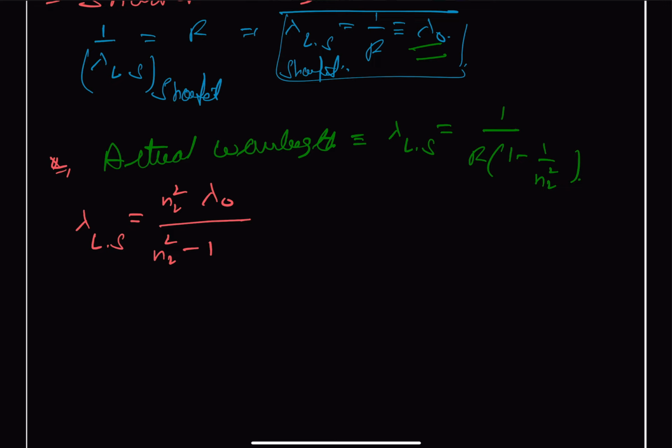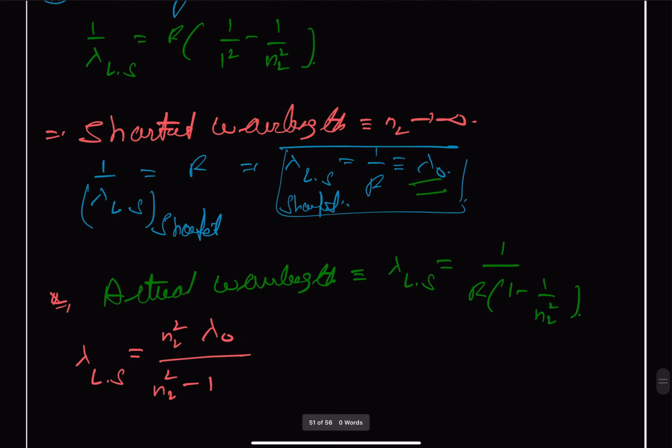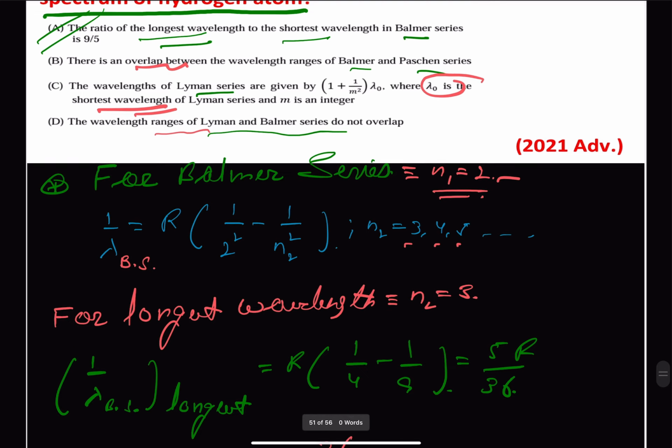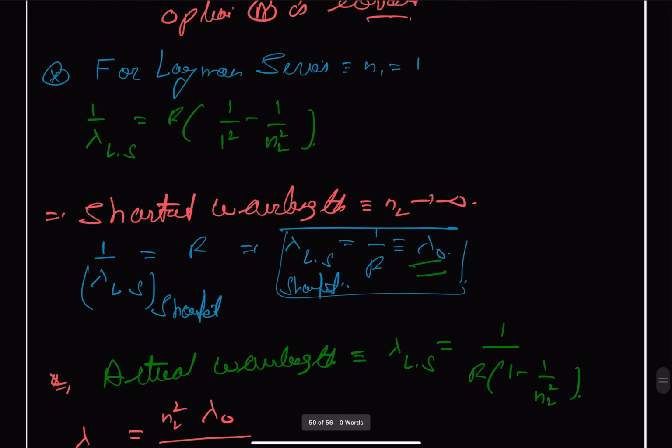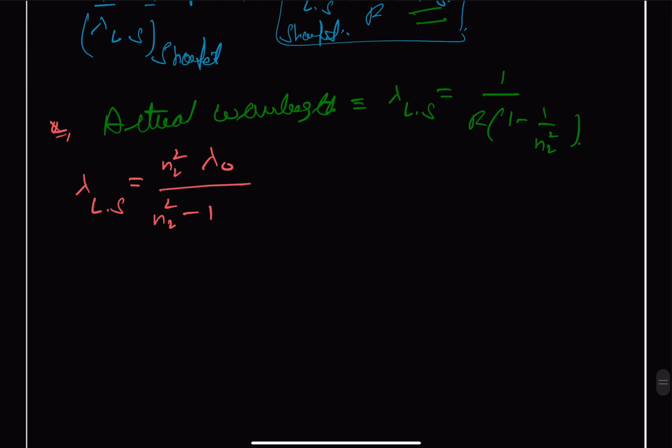Okay. And the given formula is 1 plus 1 upon m square, times lambda naught.